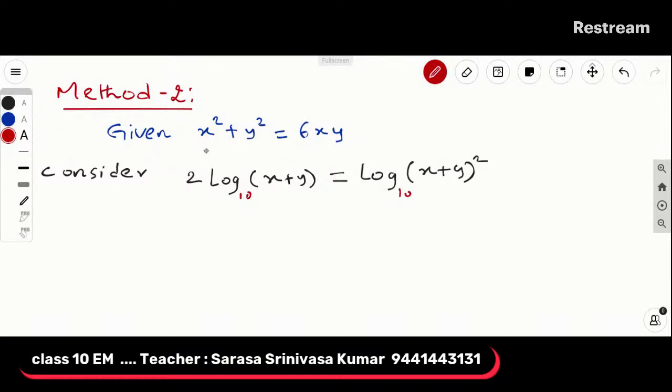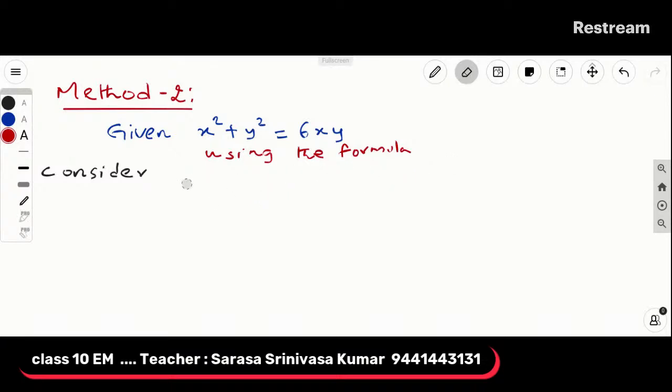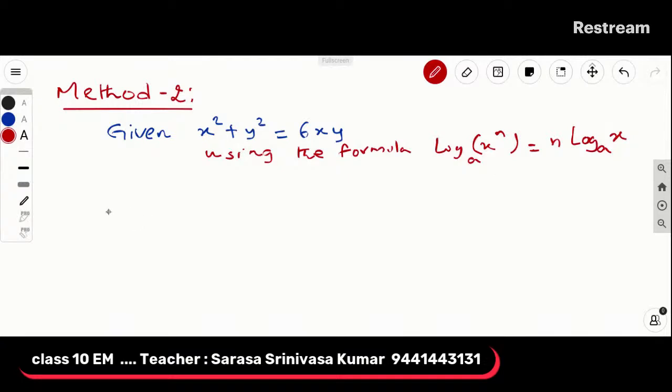Now, using the formula log of x to the power of n to the base a equal to n log x to the base a, 2 log of (x plus y) can be written as log of (x plus y) whole square to the base 10.